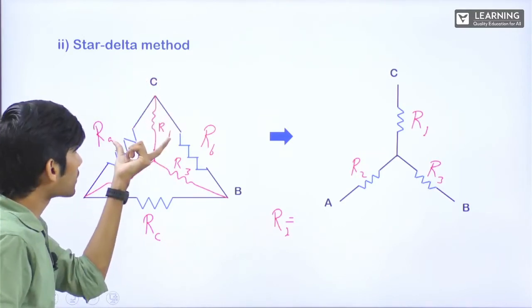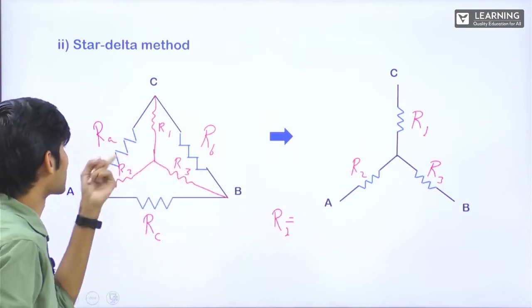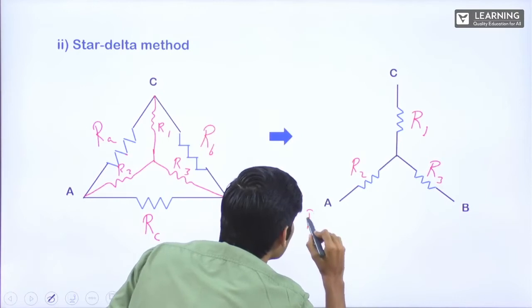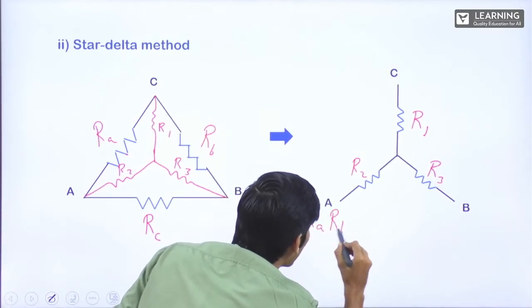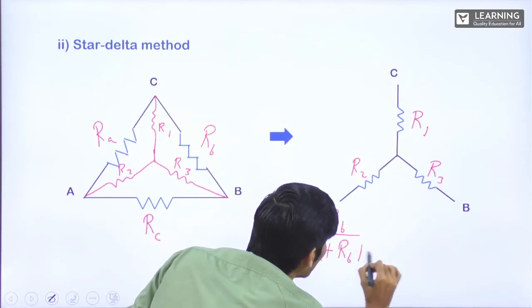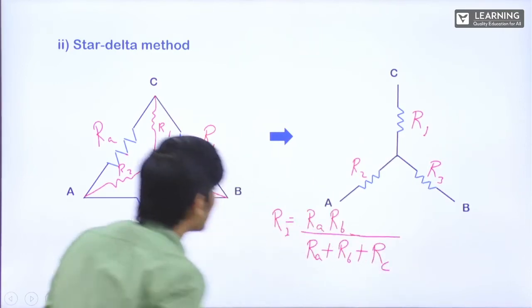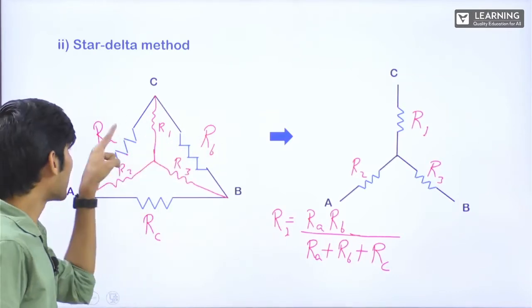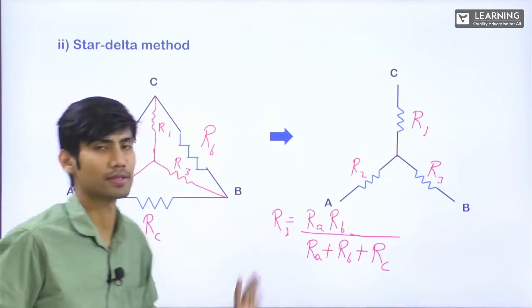So the product of the neighboring resistances, RA and RB, divided by the sum of all the resistances. Clear? This is R1. Product of the neighboring resistances divided by all, RA plus RB plus RC.